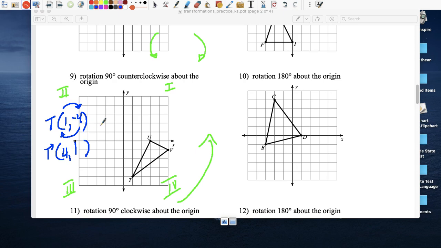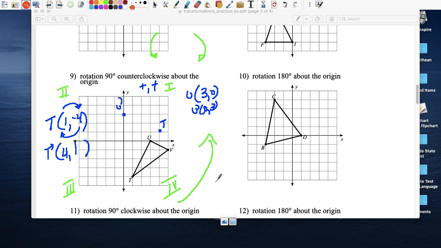And remember, after you switch positions, you worry about their signs. Because T is going to land in quadrant 1, it's going to be positive, positive. So 1, 2, 3, 4, and 1. Here's T prime. Point U is on 3 and 0. It's going to switch spots, and U prime is going to be on 0, 3. So 0 and 1, 2, 3.